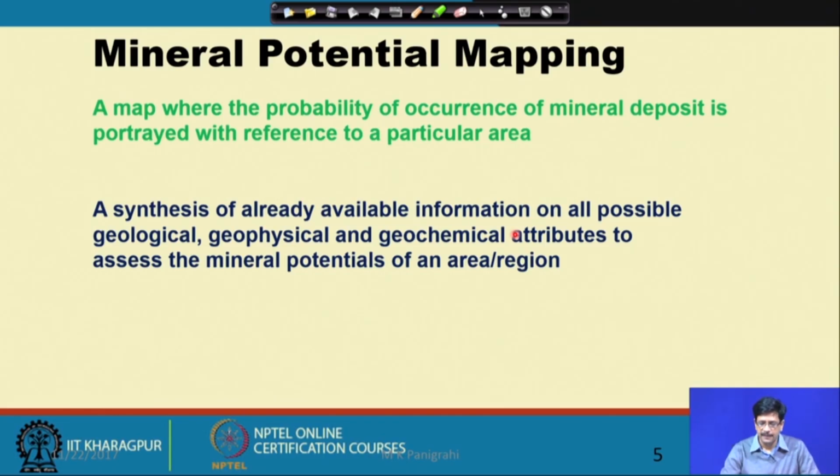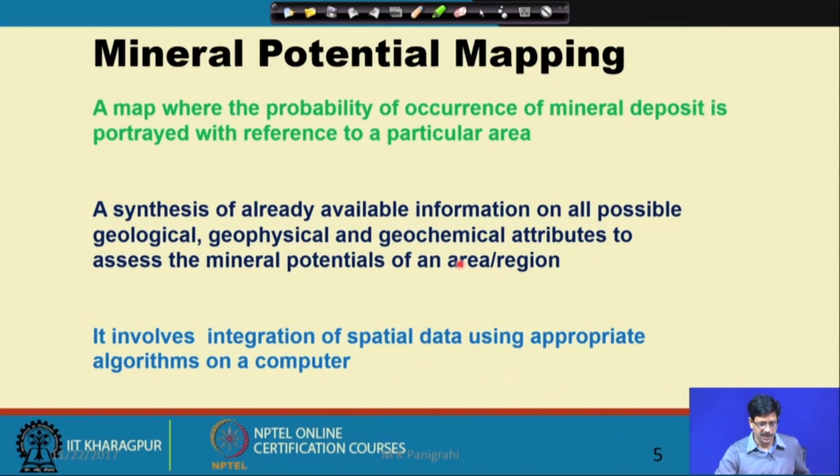This should be independent of any genetic hypothesis being known for that particular deposit, because out of the available geological elements, all of them may not be a part of the genetic model that we have built up for the origin and evolution of that particular deposit.